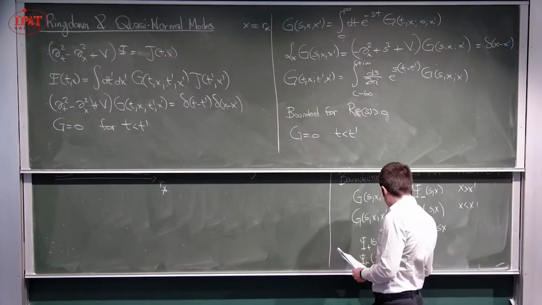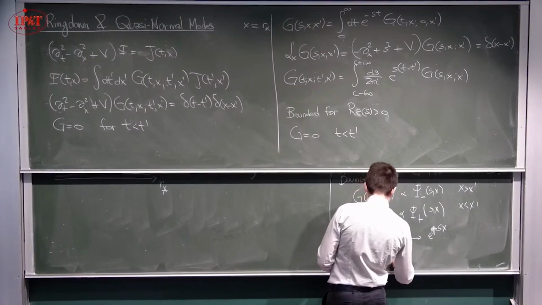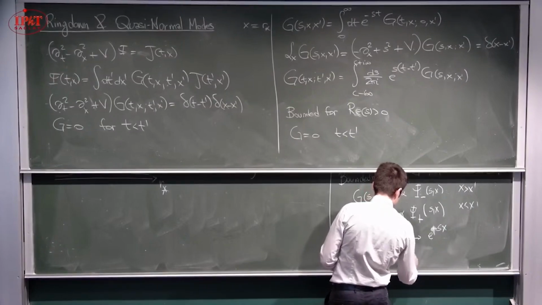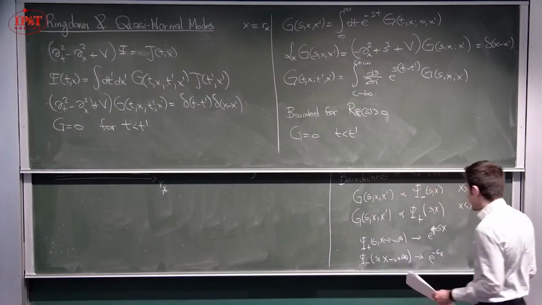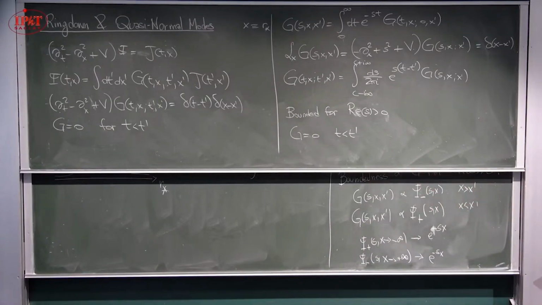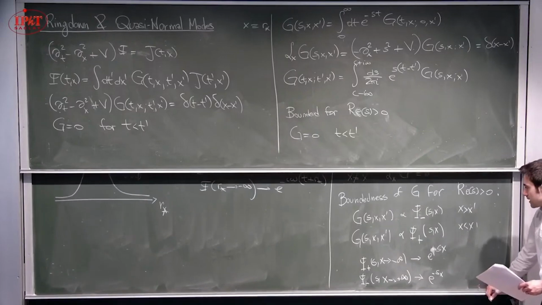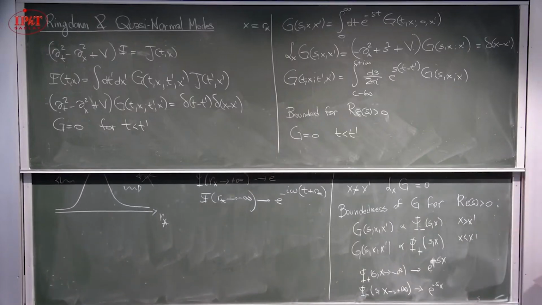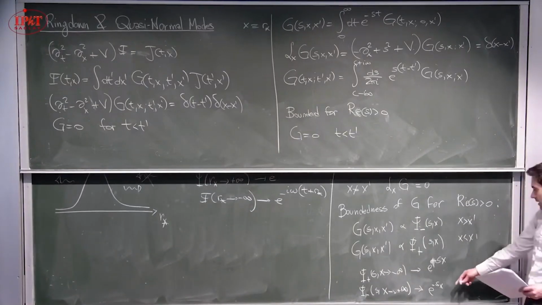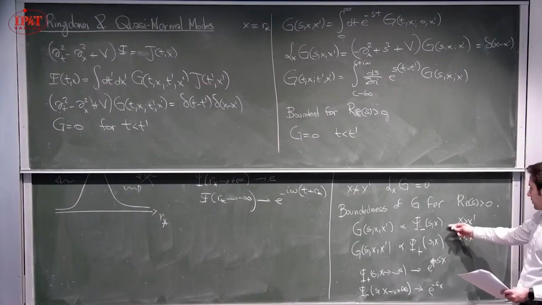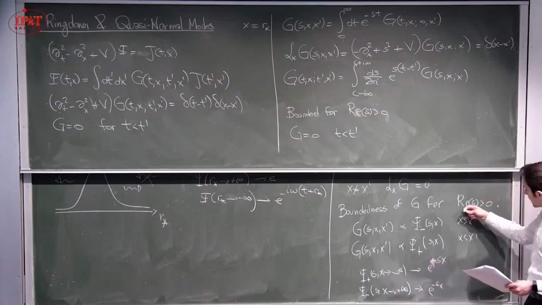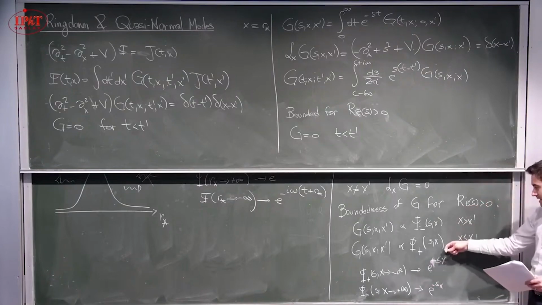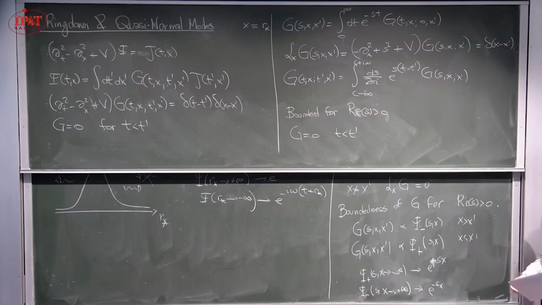Instead, psi minus for x that goes to plus infinity goes to e to the minus s x. In such a way that, as we said before, if x goes to plus infinity, this goes like e to the minus s x. So for the real part of s positive, this is bounded, and the same for the other direction.